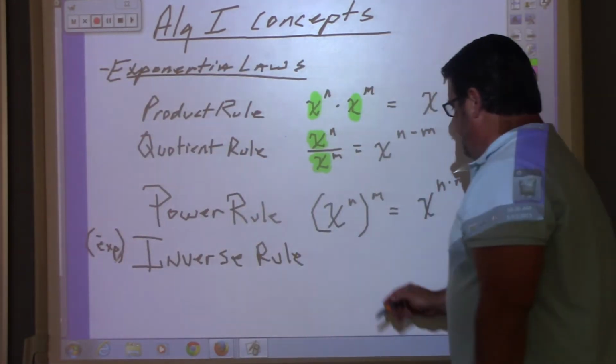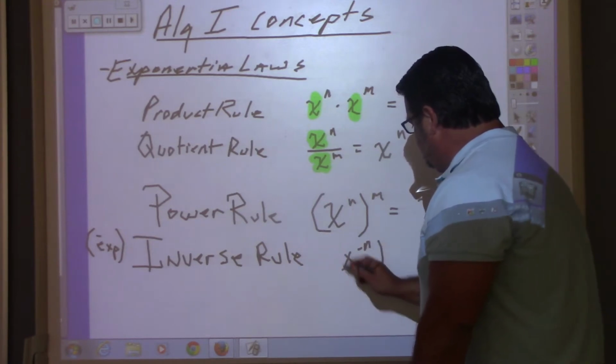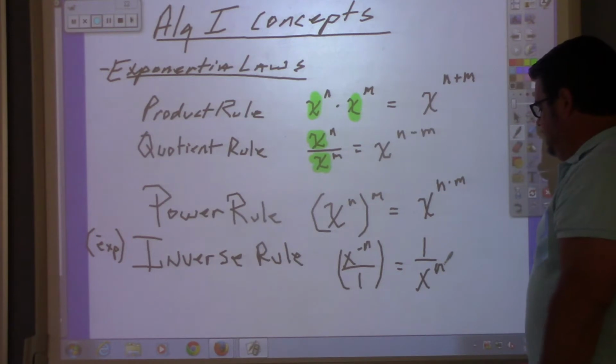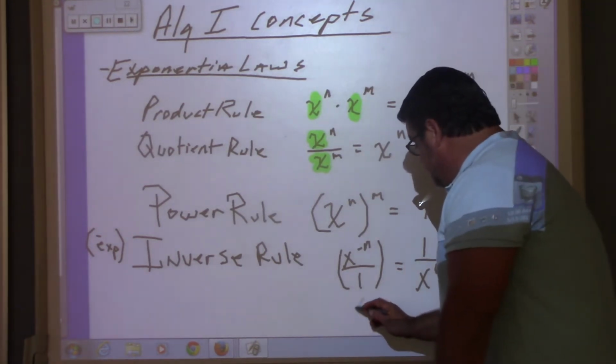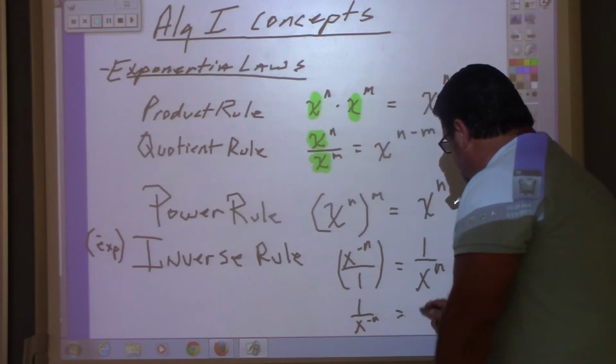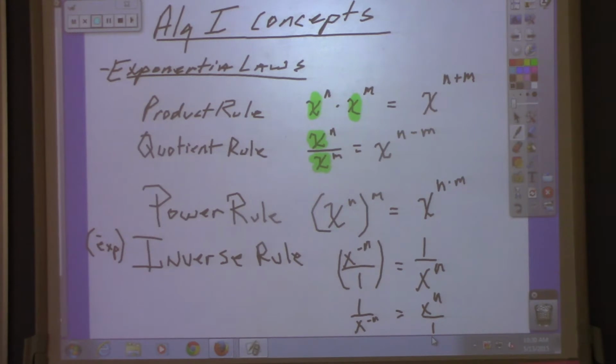And that is if you have x to the negative n over 1, you flip it and it becomes 1 over x to the n. And vice versa. If you have 1 over x to the negative n, you flip it and it becomes x to the n over 1. So the inverse rule is kind of like an aesthetic rule.